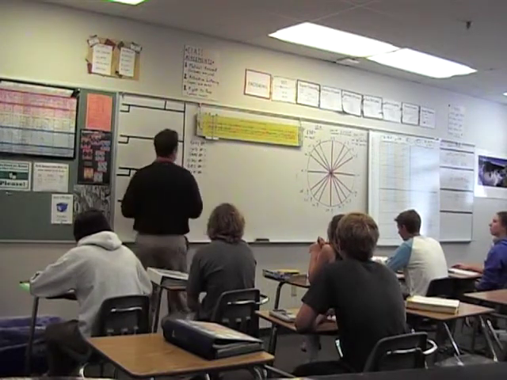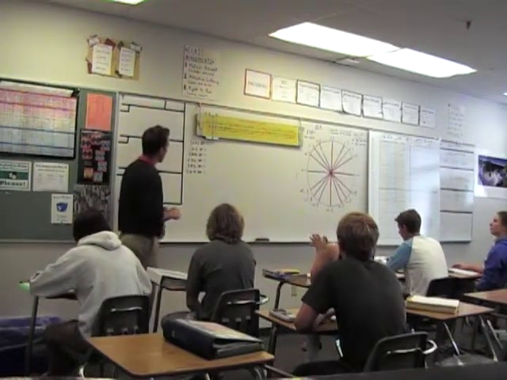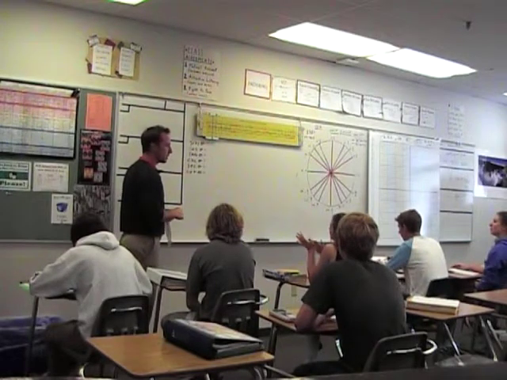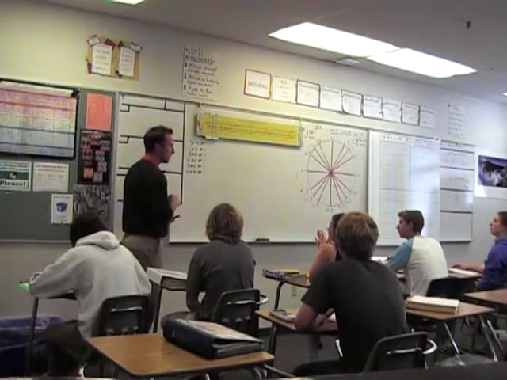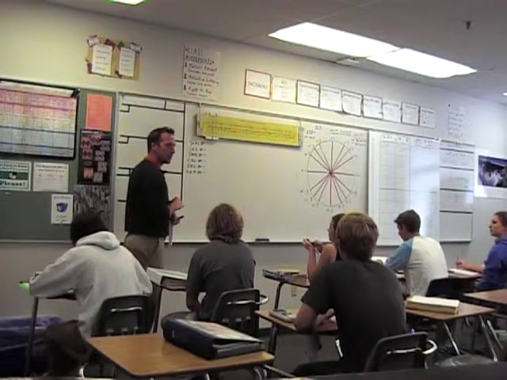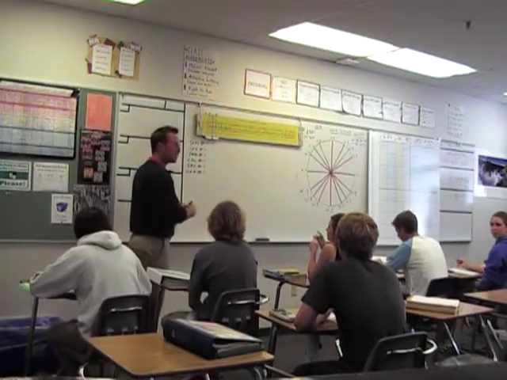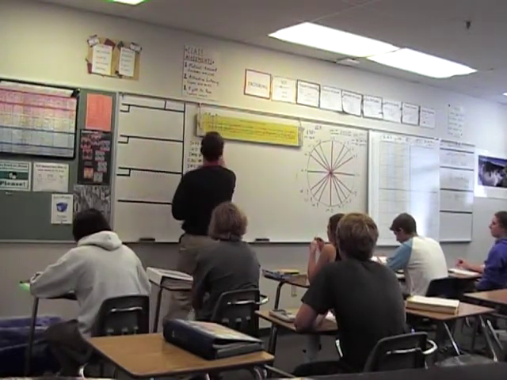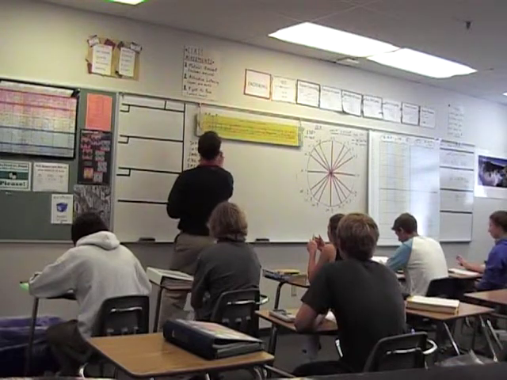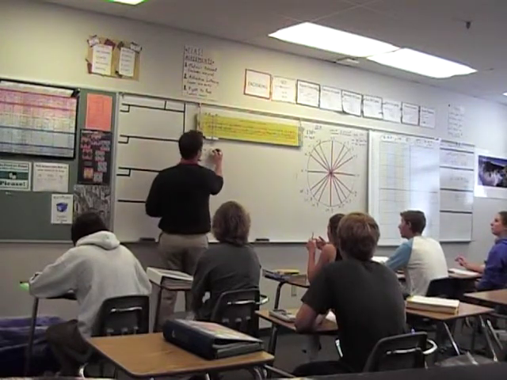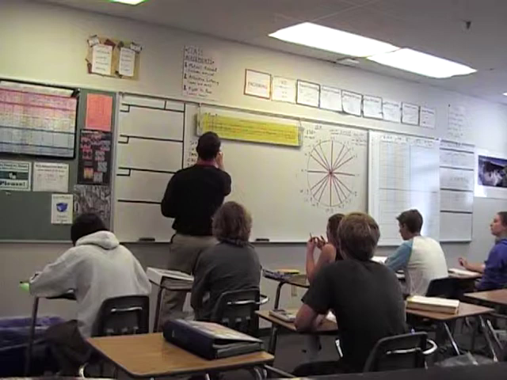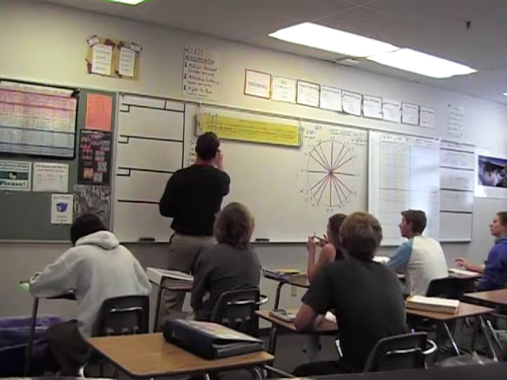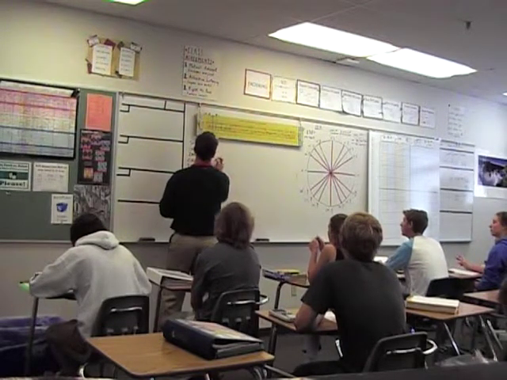I think opposite of sine would be, would that just be negative sine? Would you consider that opposite? I would. Okay. So sine is opposite over hypotenuse. Cosine is adjacent over hypotenuse.